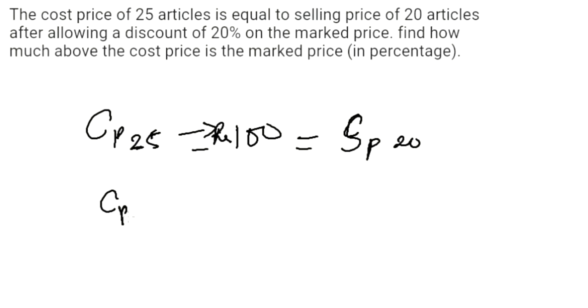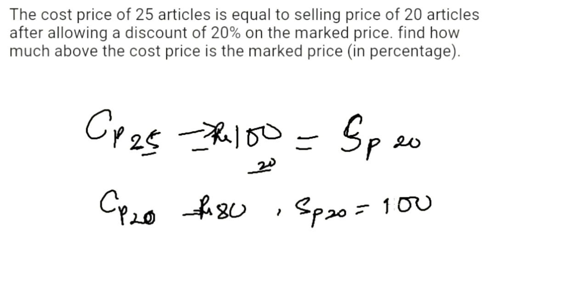So cost price of 20 articles will be how much? If 25 articles is 100, that means one article is 4, right? 4 into 20, 100 by 25 is 4. So 4 fives are 20. If you take 20 out, cost price of 20 is 80 rupees and selling price of 20 is 100 rupees according to the question.